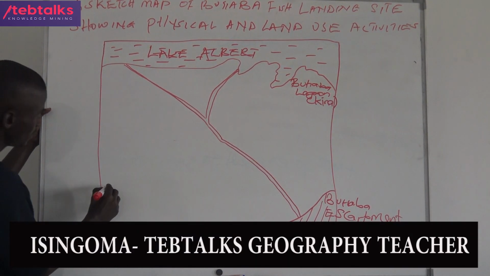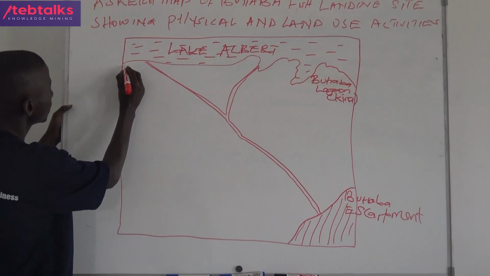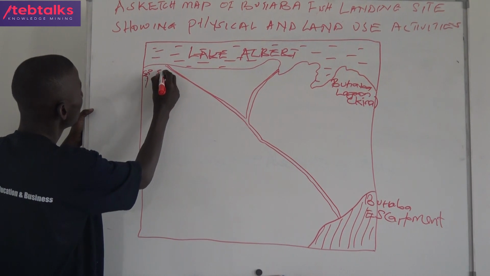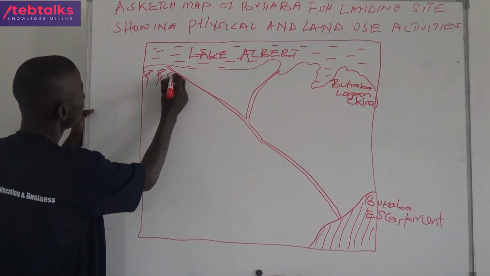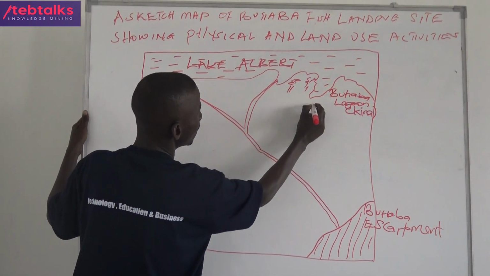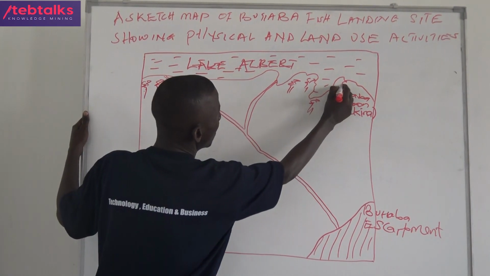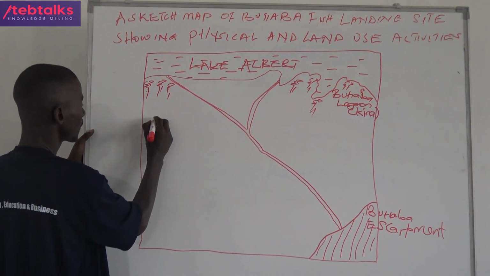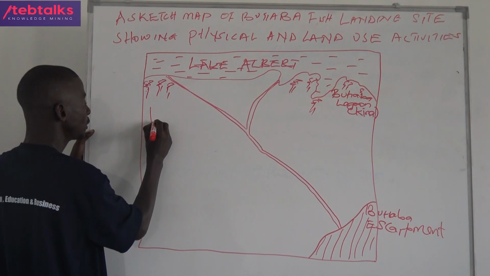Then the extent of the landing site is made up of some palm trees here. There are also some here, some here. Those are palm trees. Then here we have a factory.